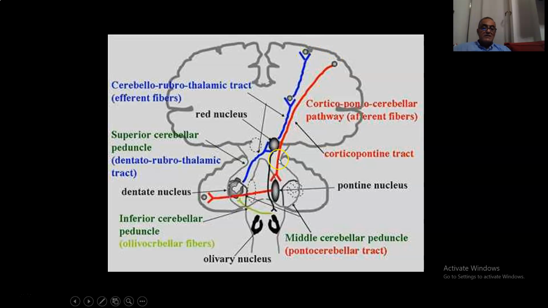Then going again, ponto, and through the middle cerebellar peduncle, it goes to the surface of the cerebellum, and back again to the dentate nucleus. So the dentato-rubro-thalamo-fronto-ponto-middle cerebellar pathway goes to the surface of the cerebellum, and it relays again in the dentate nucleus.